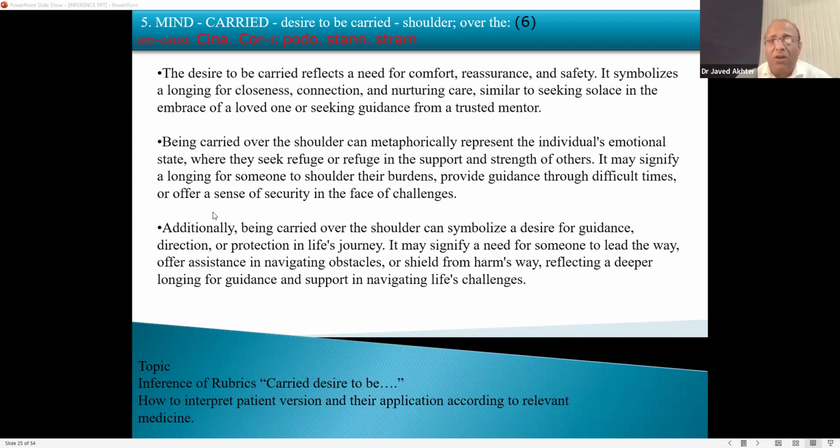Additionally, it can symbolize a desire for guidance, direction, and protection in life's journey. It may signify a need for someone to lead the way, offer assistance in navigating obstacles, or shield from harm, reflecting a deeper longing for guidance and support in navigating life's challenges.